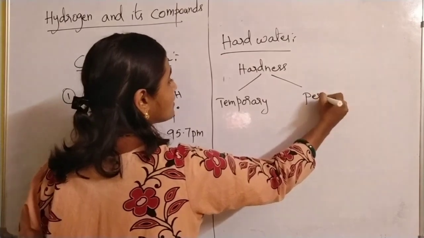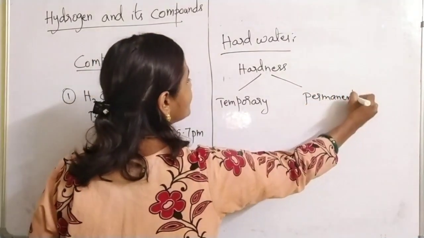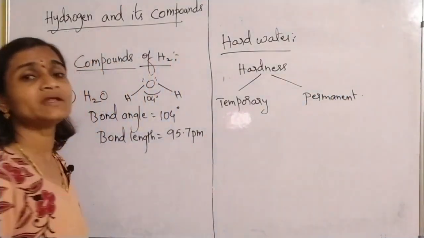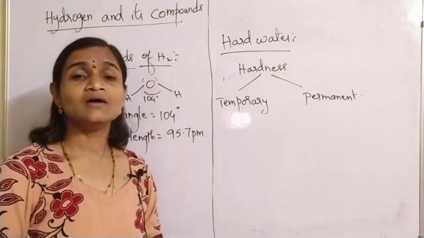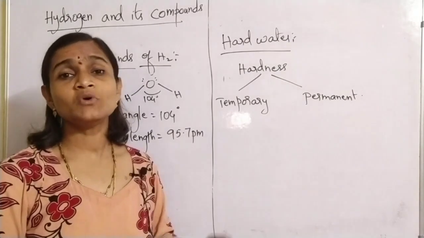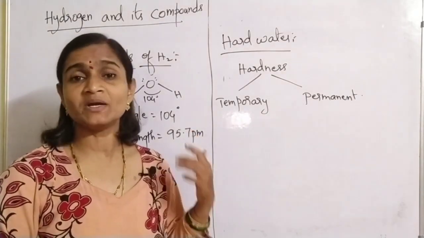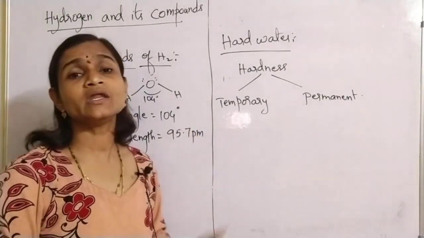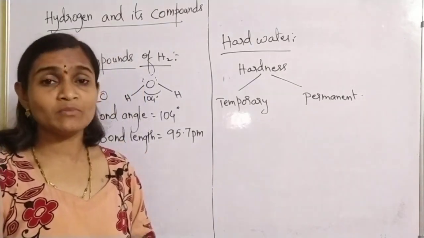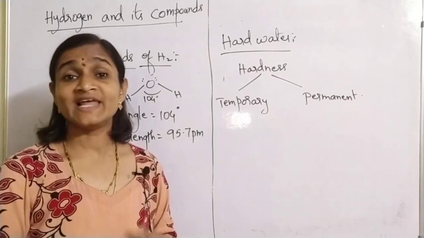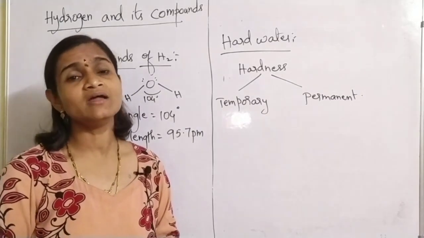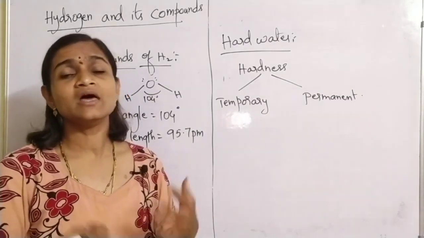How are they classified? If water contains carbonates and bicarbonates of calcium and magnesium, then you can remove that hardness either by boiling or by just adding lime, slaked lime, calcium hydroxide. If you add it, the hardness of the water can be removed.